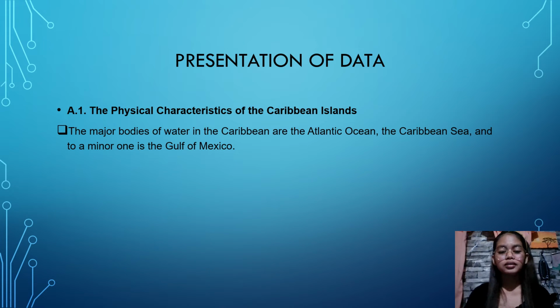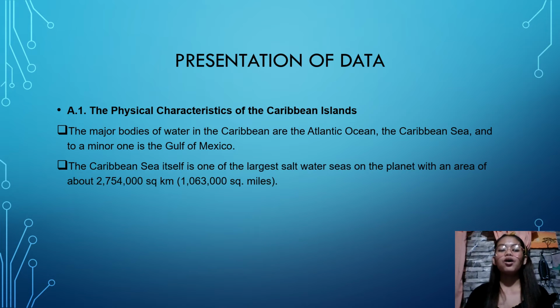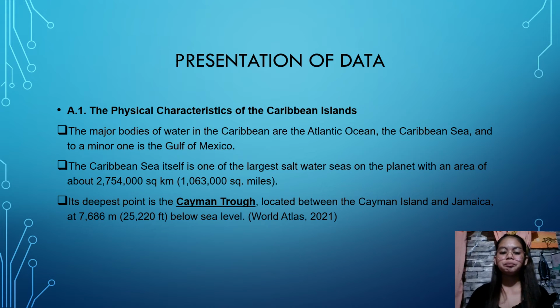Then, the major bodies of water in the Caribbean are the Atlantic Ocean, the Caribbean Sea, and the minor one, which is the Gulf of Mexico. The Caribbean Sea itself is one of the largest saltwater seas on the planet, with an area of about 2,754,000 square kilometers, equivalent to 1,063,000 square miles.